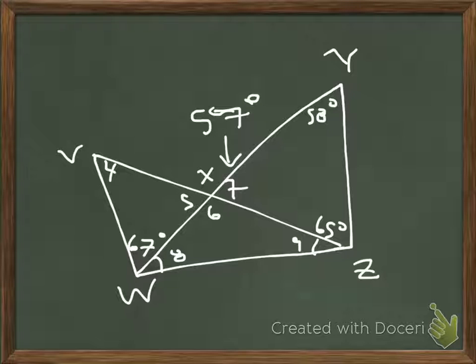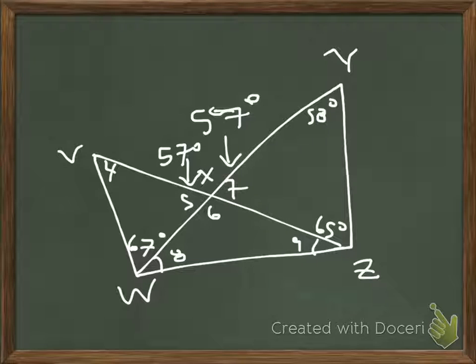So now I have angle 7, and that's 57. If I remember back in the first couple of chapters, vertical angles are congruent. Notice that angles 5 and 7, which are formed by two intersecting segments or two intersecting lines, are vertical. So that would make angle 5 also 57.